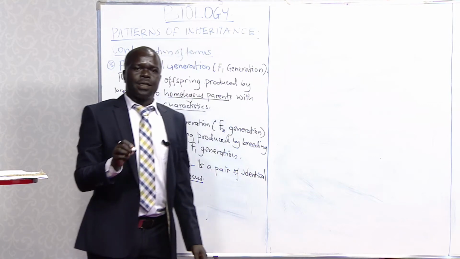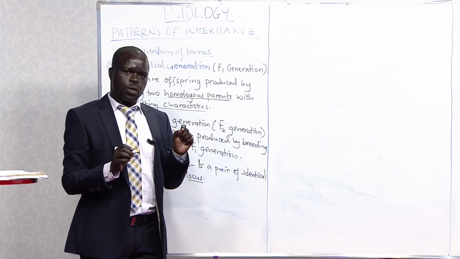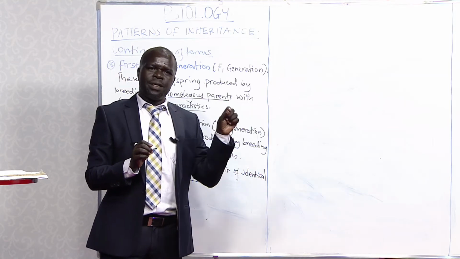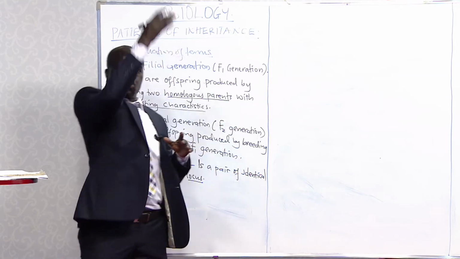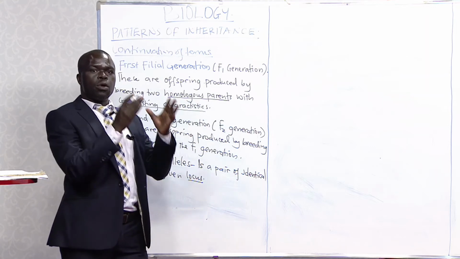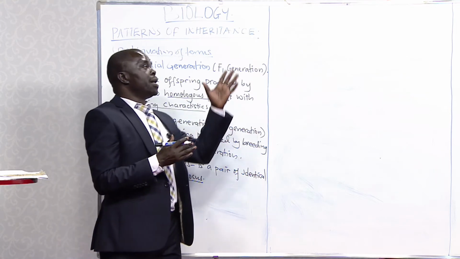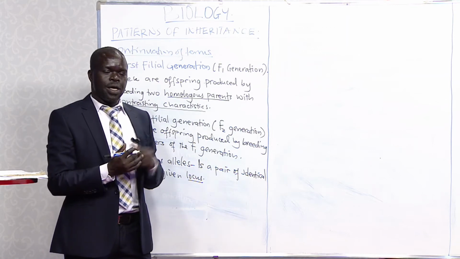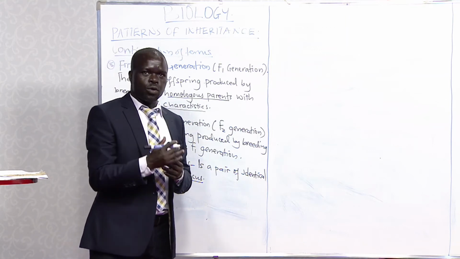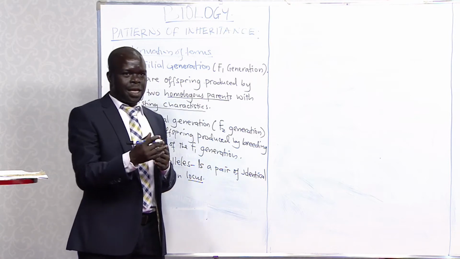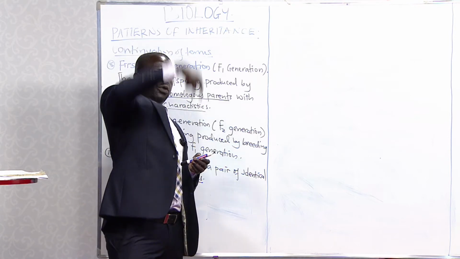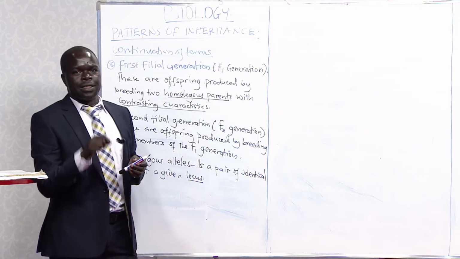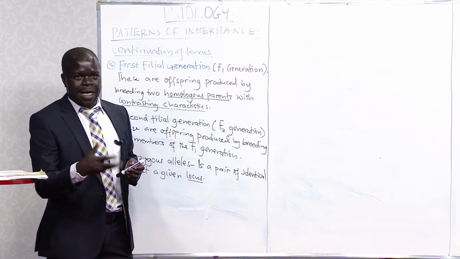When we talk of locus, we mean the position where a particular gene is found on a chromosome. We said a chromosome is found in the nucleus of a cell. You remember when we defined a chromosome in cell division: a chromosome is found inside the cell, and it is a long strand of DNA, that is deoxyribonucleic acid.